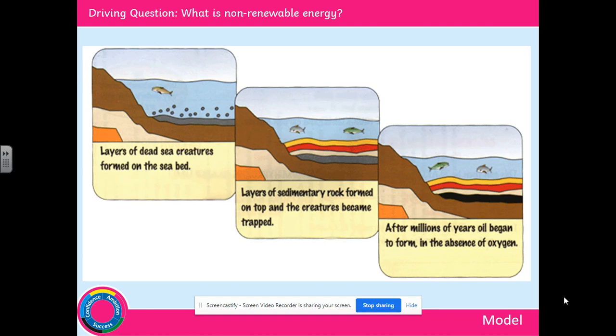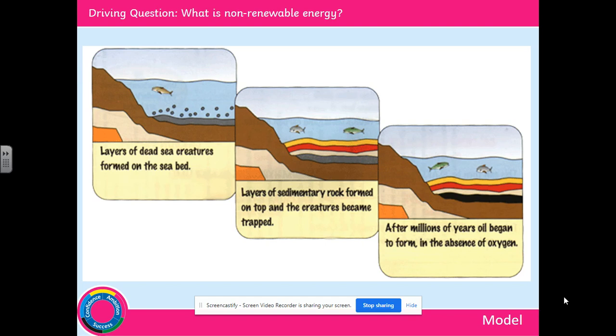When those animals died years ago, their remains actually sunk to the bottom of the ocean. Those remains stayed there. Layers of sedimentary rock formed on top, and the creatures became trapped. So their remains were trapped underneath sedimentary rocks.